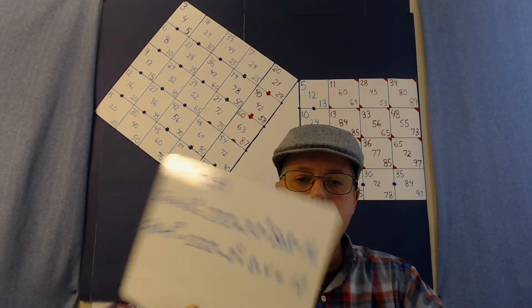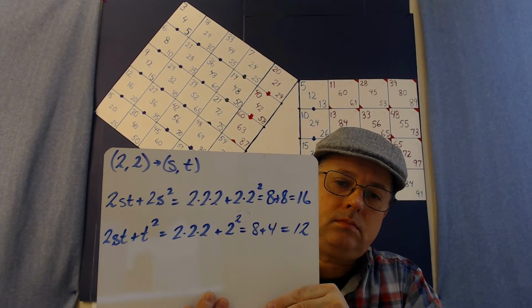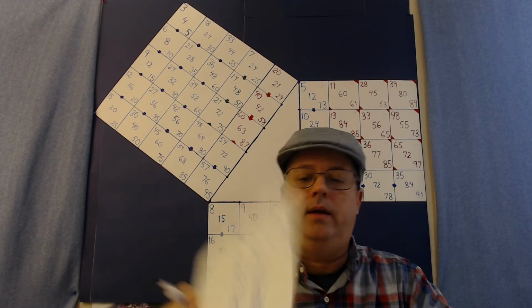So we have 8 plus 4 is 12. And then we have 2st plus 2s squared plus t squared.